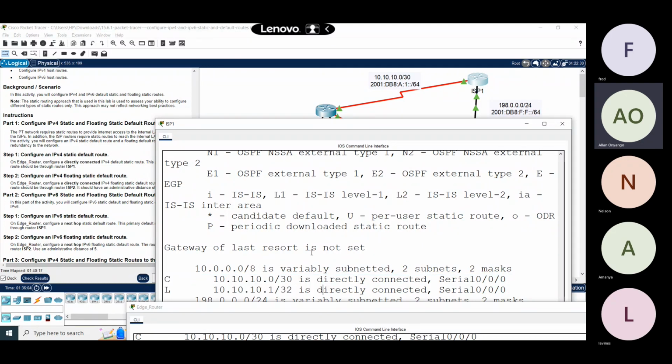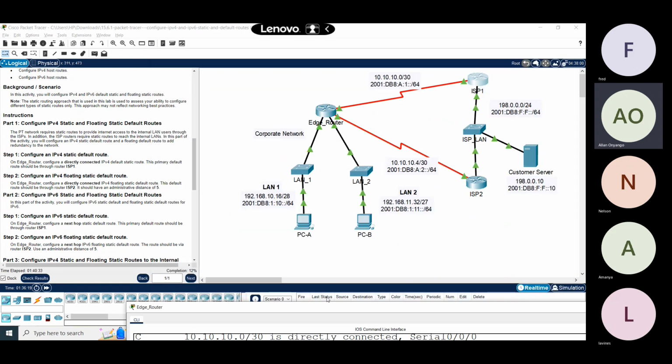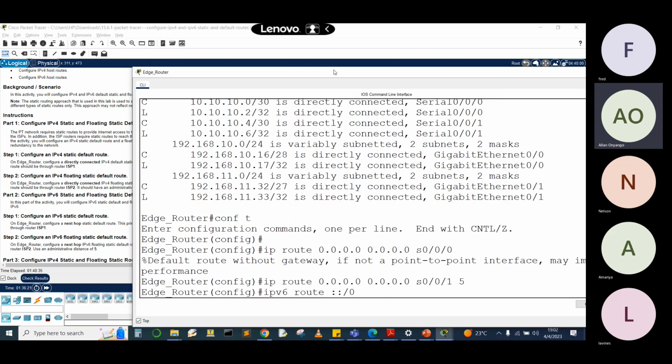You'll always see C and L following each other. Look at another C here, the network address, and its IP address is actually here. So fast forward, we are looking for this IP 10.10.10.1. That is the next hop that we are looking for, configured on the edge router.